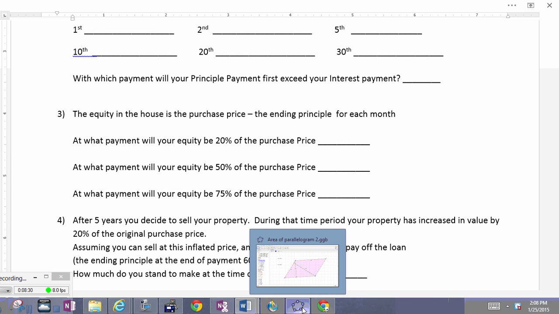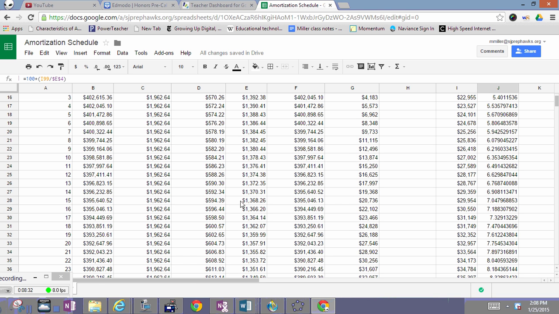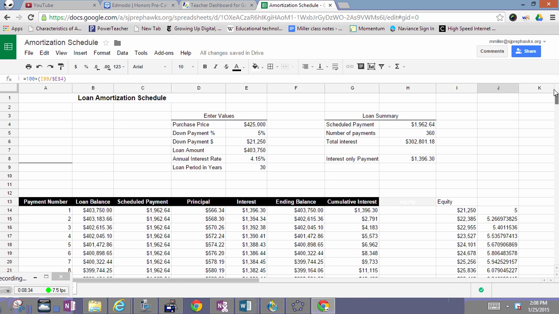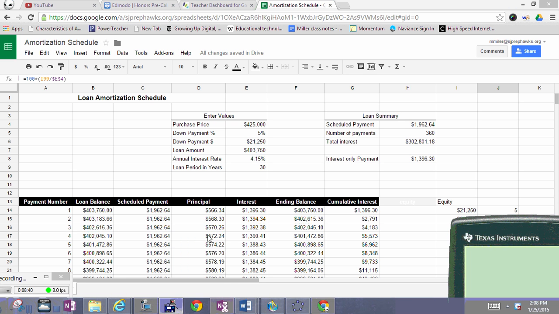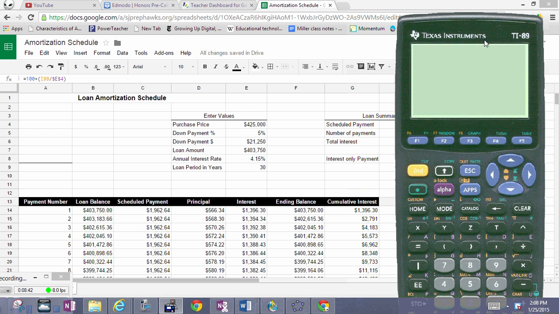So let's go back to our amortization. We're going to presume that we can make some money on this. So we're increasing our value by 5%. So it's going to be, as you can see, 446,000.